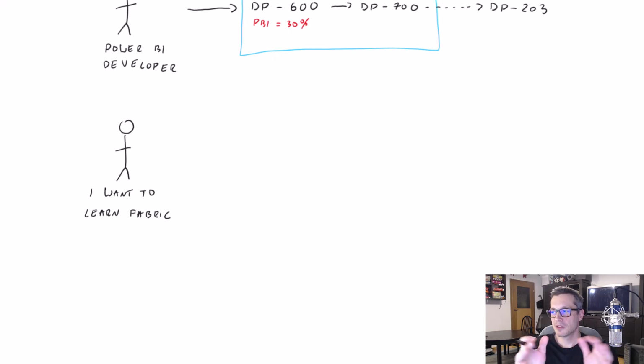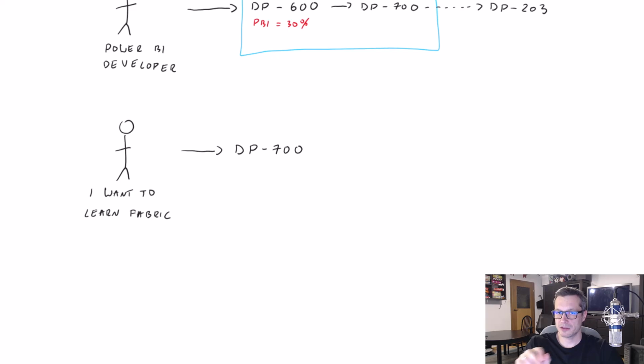Again, choose the exam that is the easiest for you as an entry point. And of course, it depends on what you already know. My recommendation would be to start with the newest exam, DP-700, which is about data engineering in Fabric.